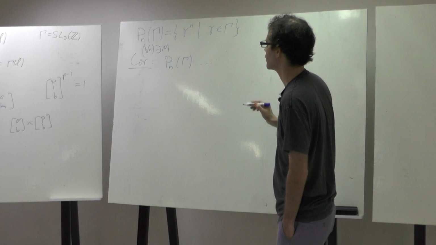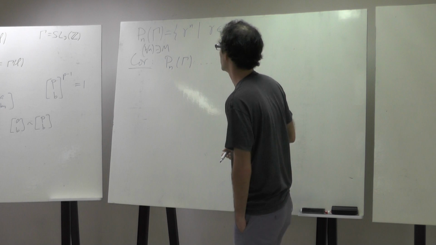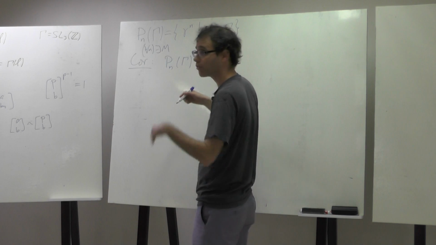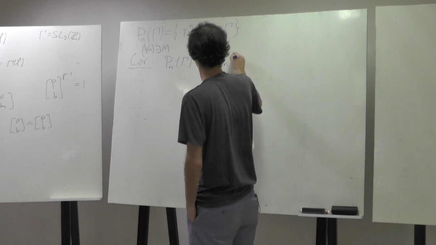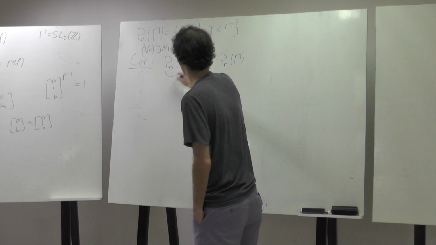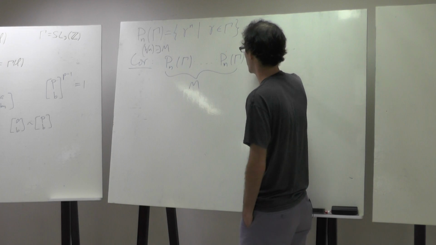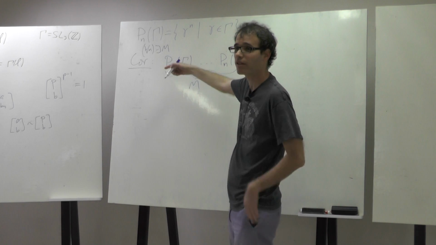You can put this for every n at either side. That's the weaker version: if you multiply the set of nth powers of gamma m times, then, well, it's not everything, not every element.